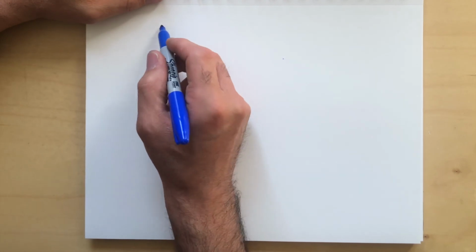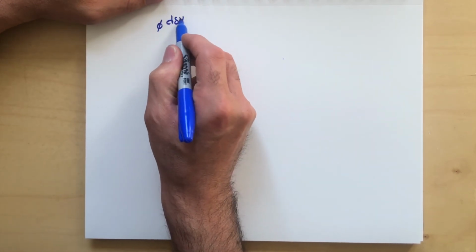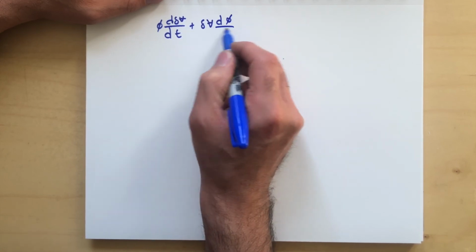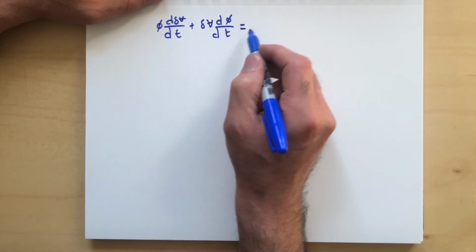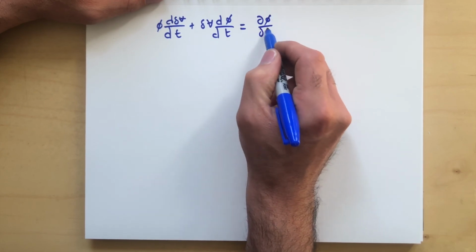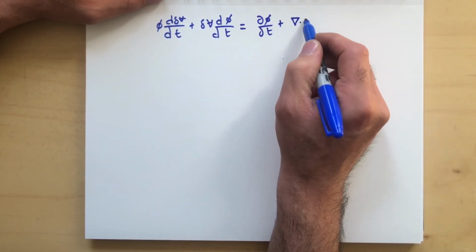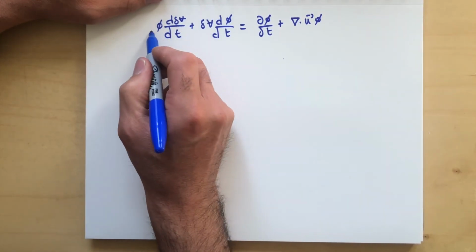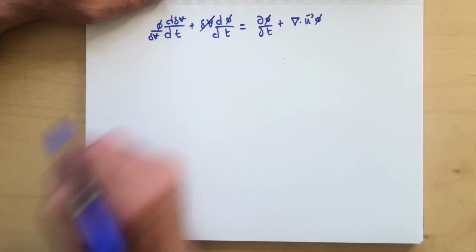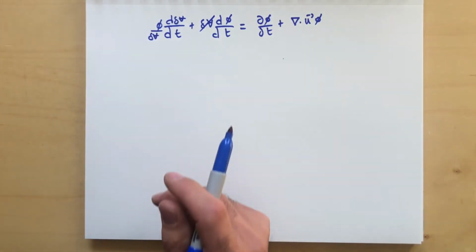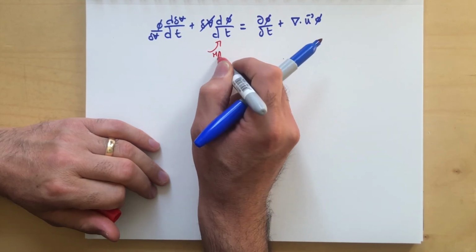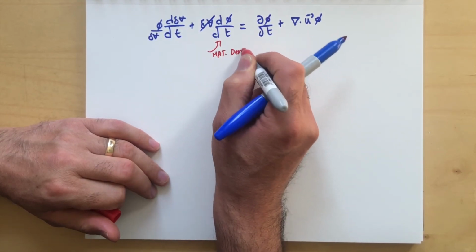Okay, so now we separate the left hand side as phi d delta v by dt plus delta v d phi by dt equals d phi by dt plus div u phi. Now there's a delta v over here. I'm going to divide by delta v, and this cancels out. So now you can see the material derivative show up over here. This is the material derivative.